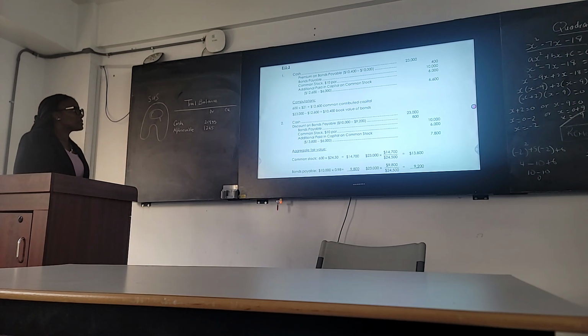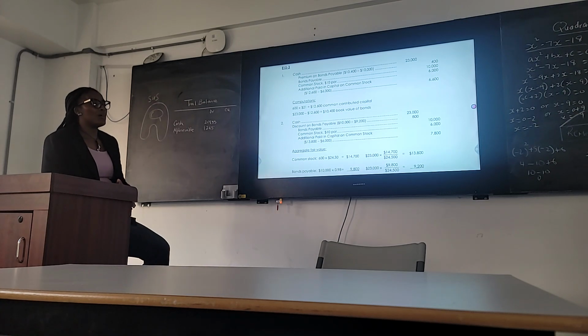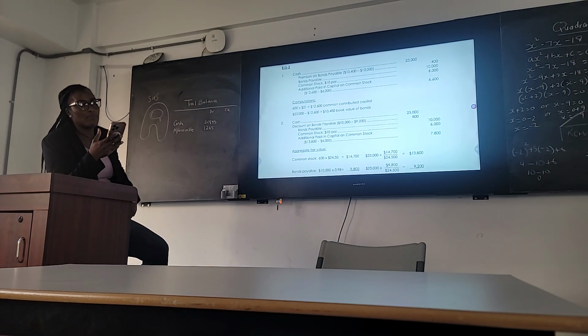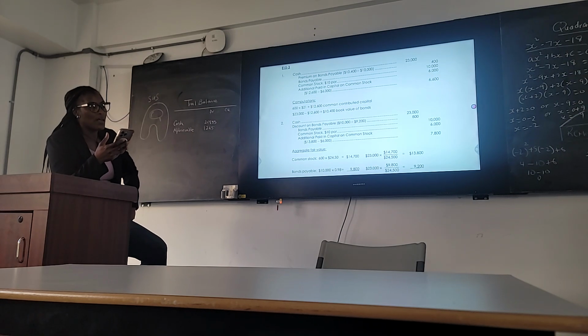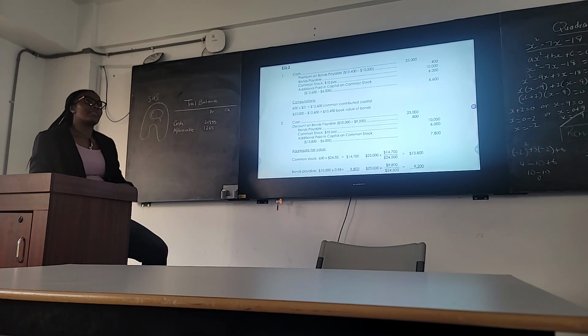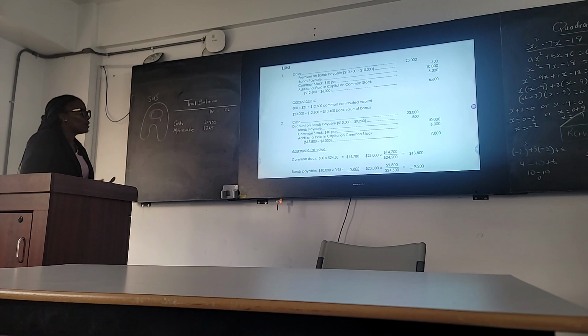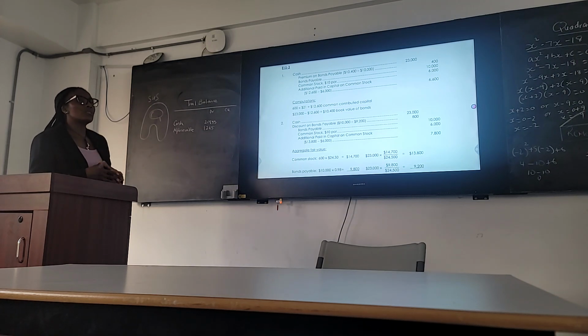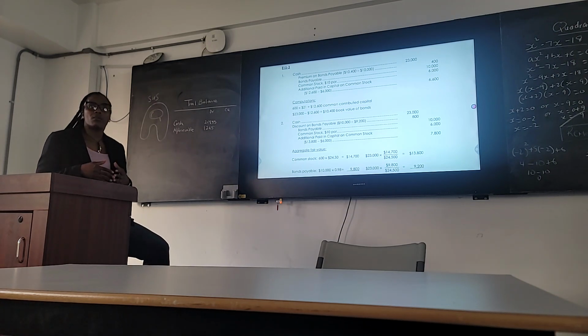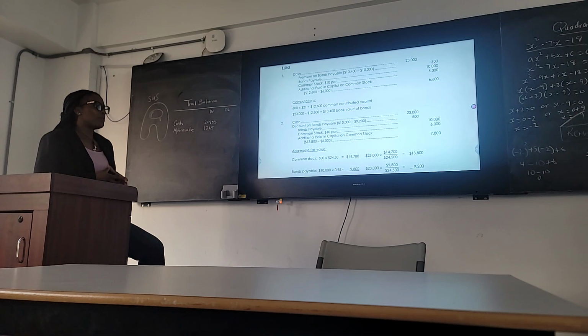So in the first instance, when the value of the bonds is not known, but we can fairly state the market value of the shares, then the bonds will be recorded at the residual value. So first, the entire proceeds that we received was $23,000, so we will debit our cash for the $23,000. Where would our credit go?